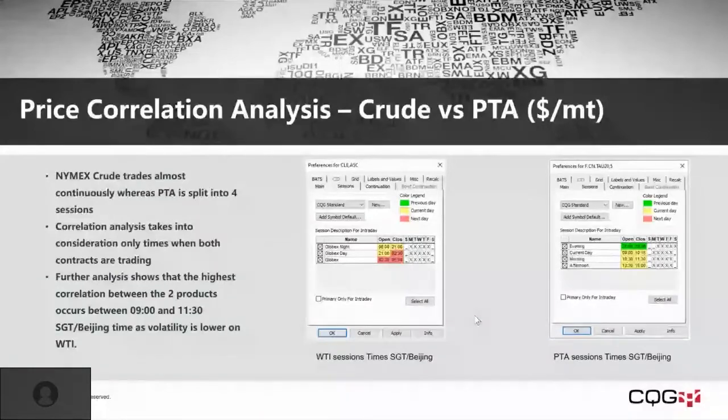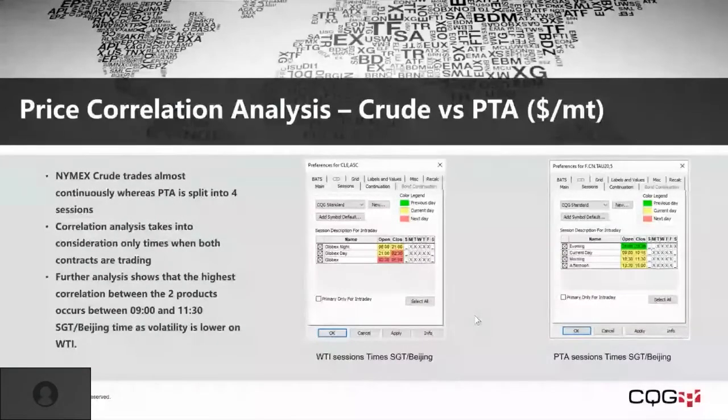So to be sure, first of all, that we analyze something that can be analyzed, we have to be sure that we only analyze the two data series while they're trading at the same time. Obviously, we're not going to use a price of WTI while the TA is closed, otherwise it'll just skew the whole analysis.